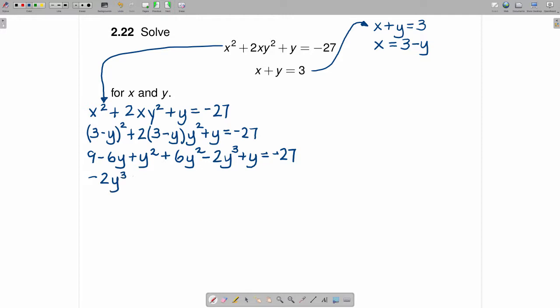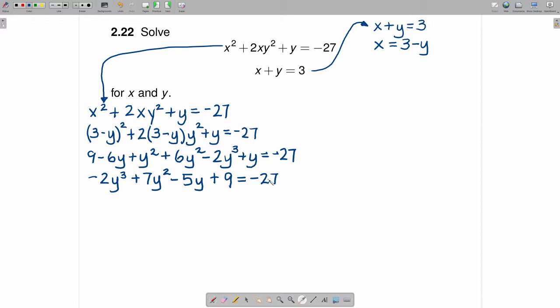In terms of the y squared terms, we have a positive y squared plus 6y squared. That will give us a total of 7y squared. Then we have a negative 6y plus 1y, and that'll be negative 5y. And then we have plus 9 is equal to negative 27.